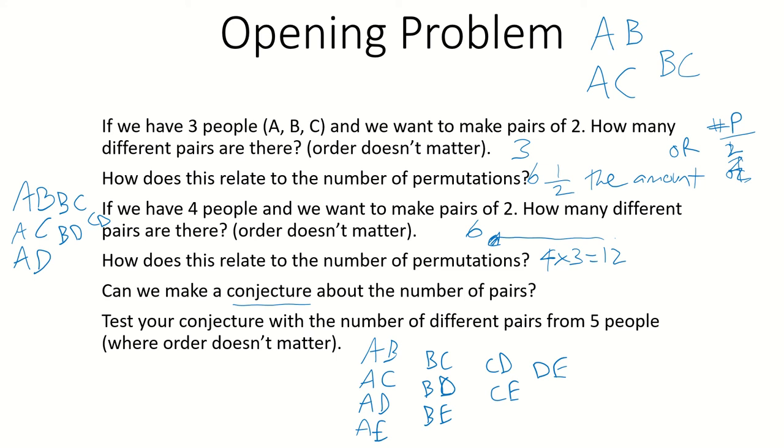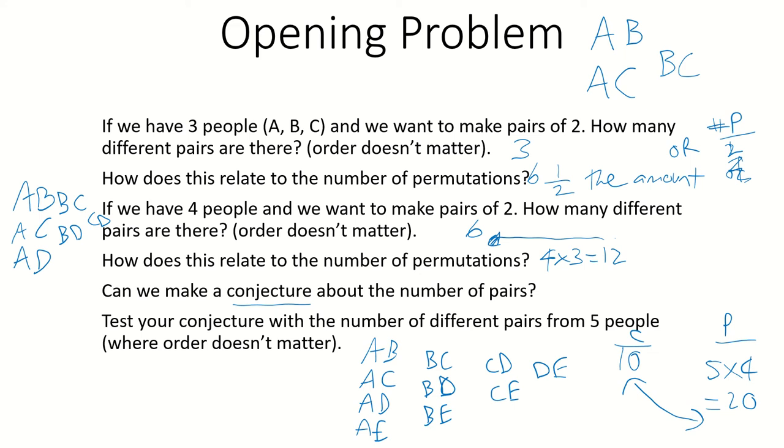So we would have had 4 plus 3 is 7, 8, 9, 10. 10 combinations. And then the permutations for this would have been 5 people, so 5 in the first slot, 4 in the second. So it would have been 20. And again, the number of combinations is half the number of permutations.